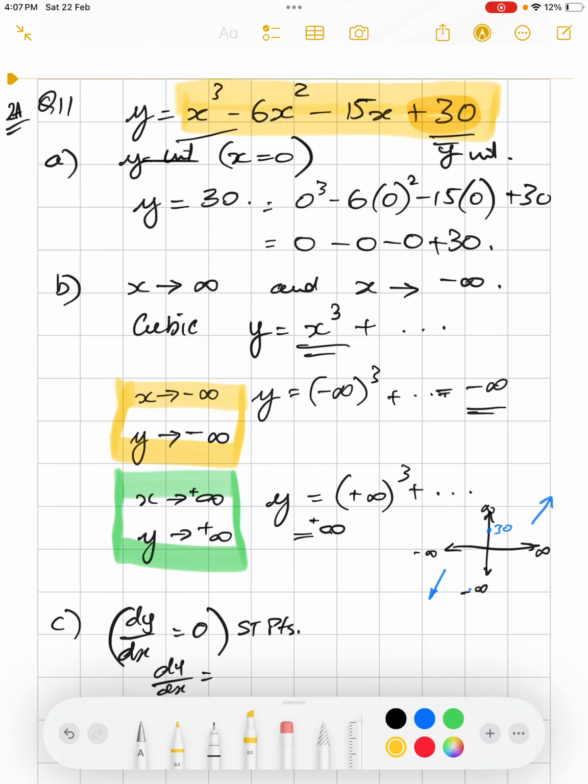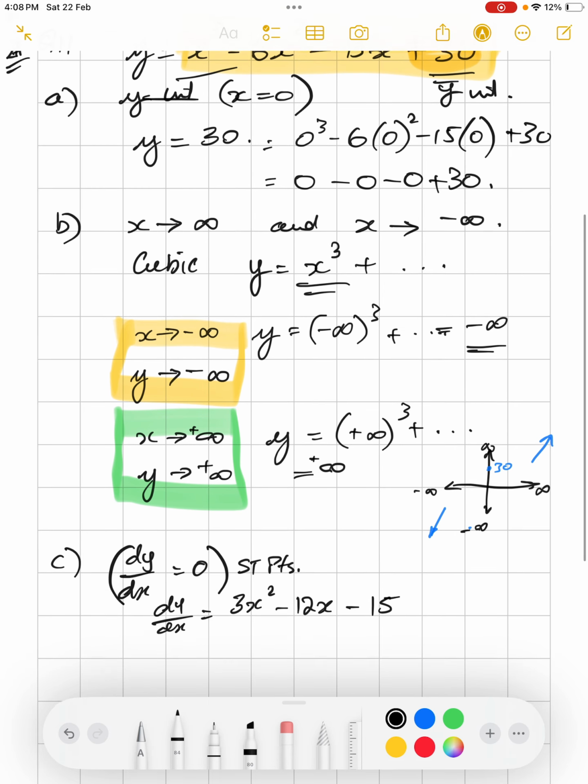And so our derivative will be 3x squared, minus 2 times 6 is 12x to the power of 1, minus 15 times 1 is 15x to the power of 0, plus 30 to the power of 0 is 0.